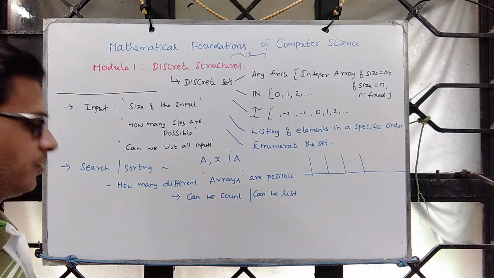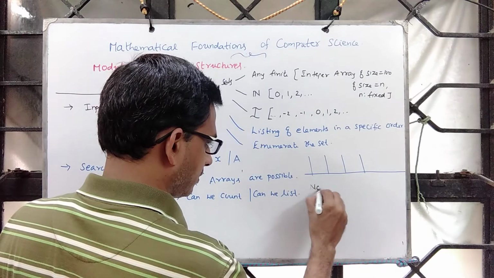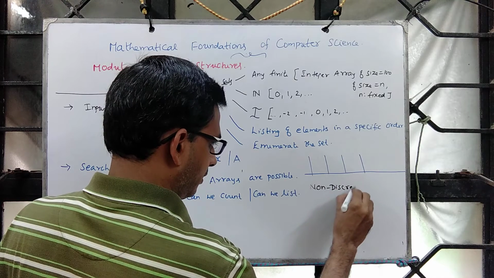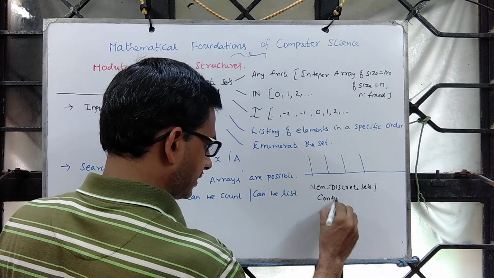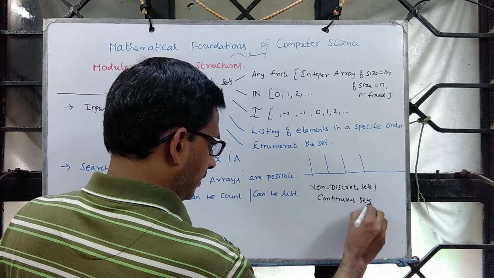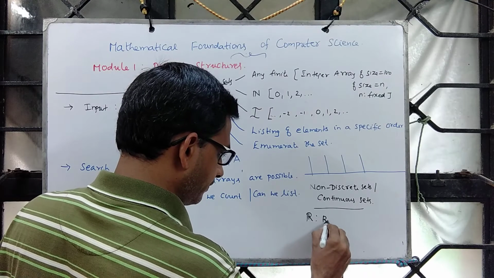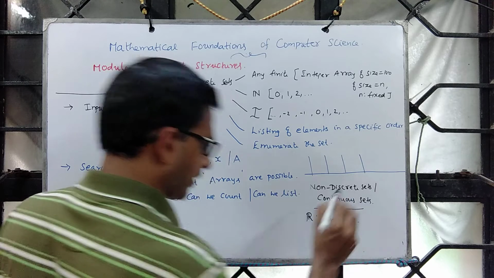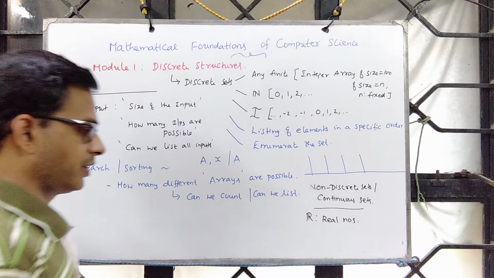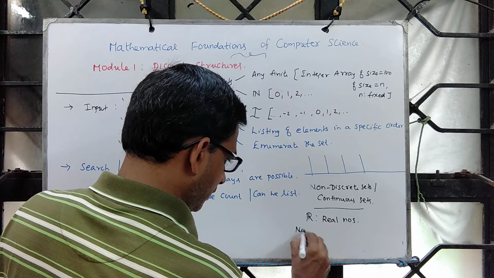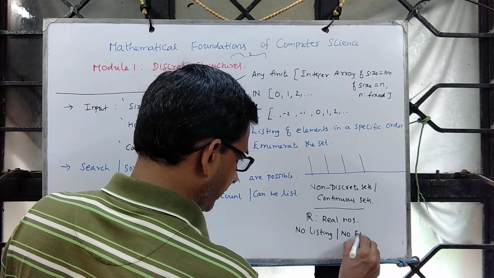Now, natural question is, are there non-discrete sets, or are there continuous sets? Answer is yes. The set of real numbers is an example of a continuous set. Continuous set, there is no listing, one cannot list, there is no enumeration.